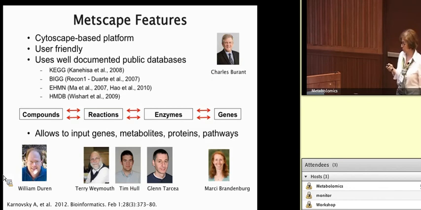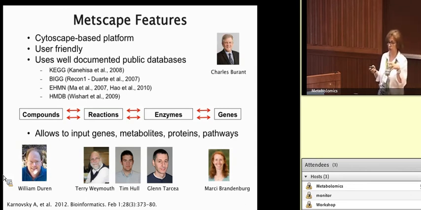What Netscape does is take this Cytoscape framework and customize it specifically to build and visualize metabolic networks. There is a database behind it that combines data from these pathway databases. And I will tell you where we're going with that, and future directions in terms of consolidating data from different databases.